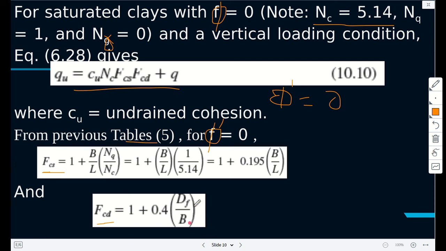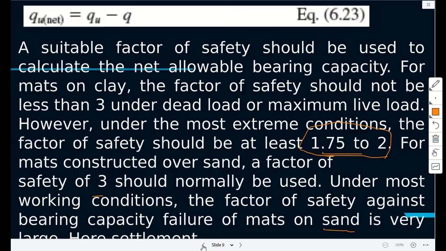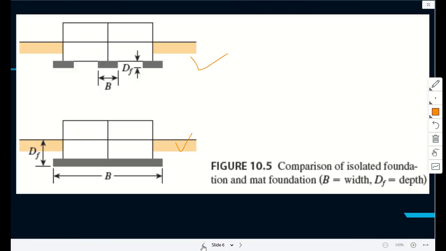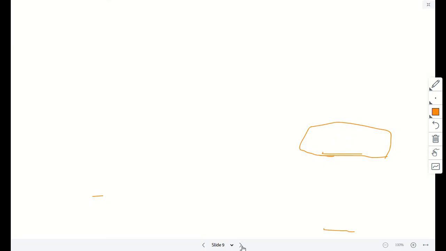Interestingly, you should see that this depends on the length and the breadth, where B is the least dimension, and this depends on Df and B. Just to refresh your memory, Df and B. So that's the meaning.